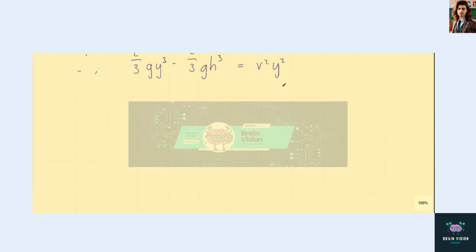So if we divide through by y squared and then take the square root, we get the velocity of the rope as it falls as a function of position, v, to be the square root of 2/3 times g into y cubed minus h cubed over y squared.